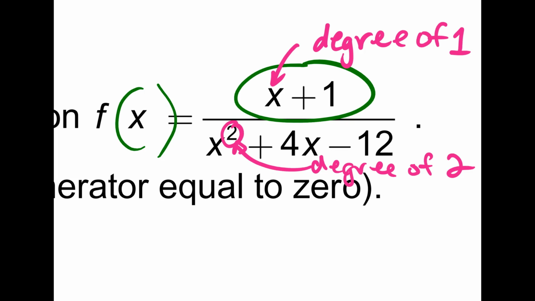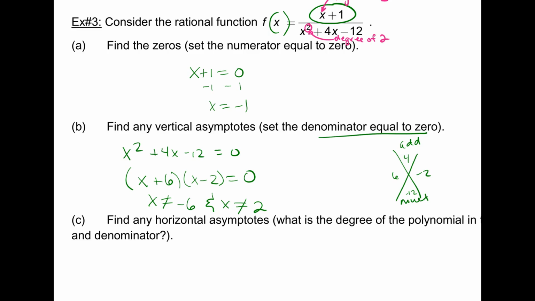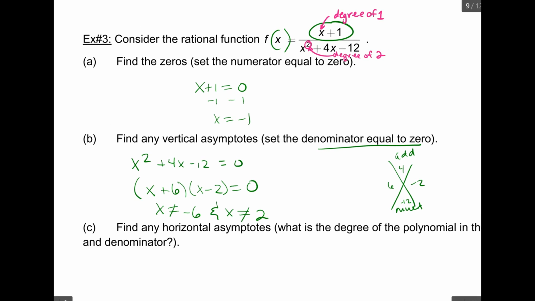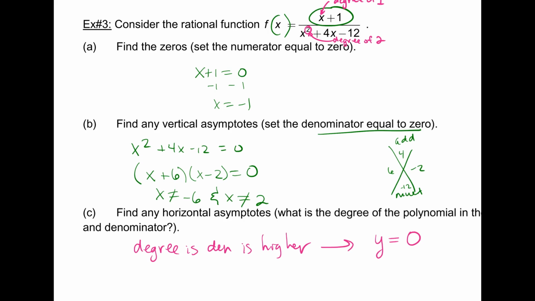Literally what the exponent is. I'm not adding the total exponents. I'm looking at the highest one. So what is my horizontal asymptote? Close. y equals 0. I'm only going to give you 2 cases.